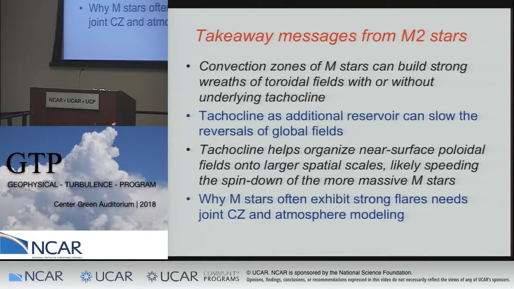Of course, it influences the linkage of field within the convection zone itself. And this may have the effect of really changing how the magnetized winds remove angular momentum in these more massive M stars.